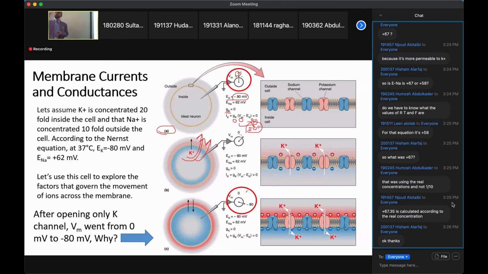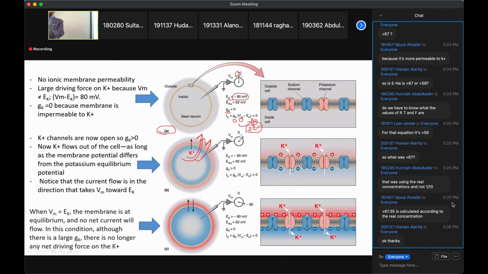If the sign is negative, it means it's going to be an inward movement, okay? This is in the case of the cations, whereas in the anions, like chloride, it's the opposite, okay? So this is basically what I just described, okay?